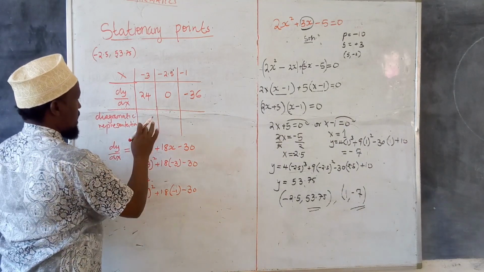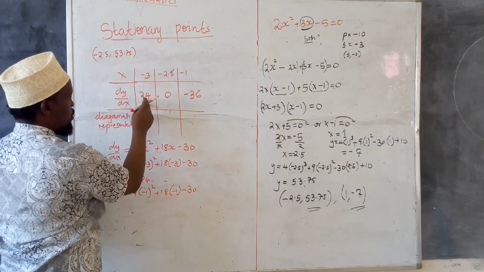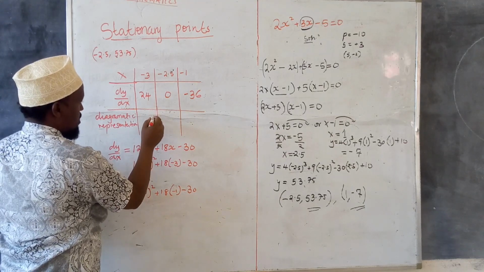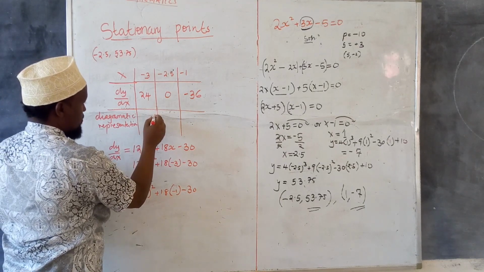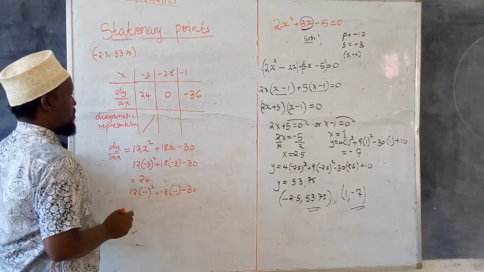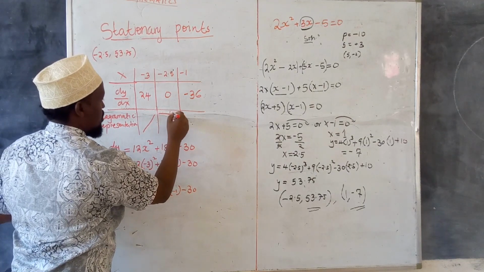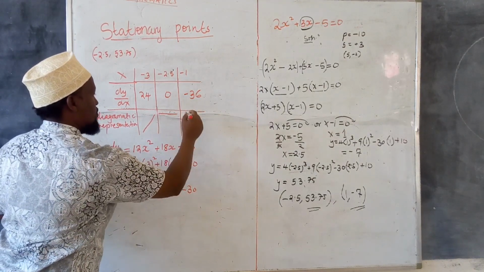Okay, for the diagrammatic representation, when the gradient is positive, that is how the line will be. When it is 0, horizontal, and when negative, sloping the other way.